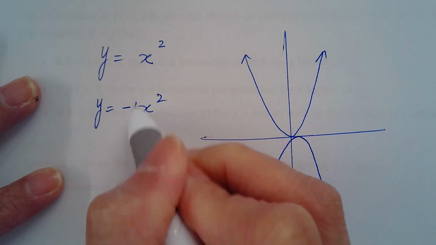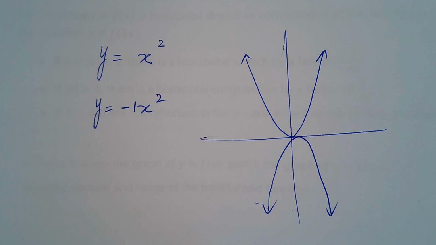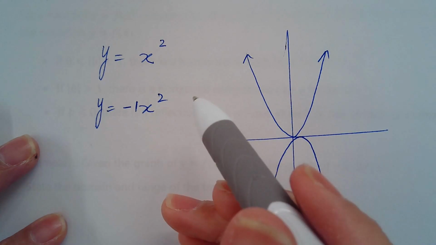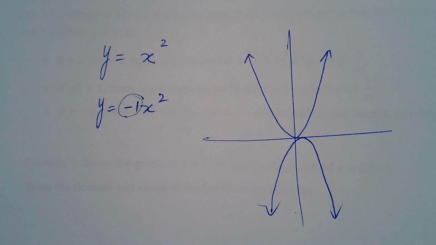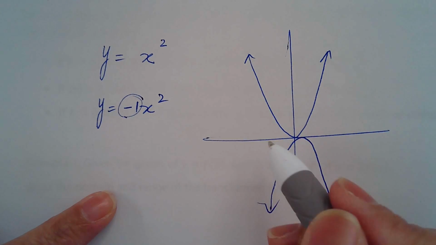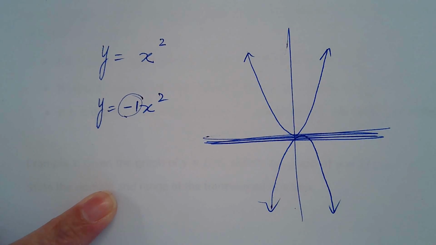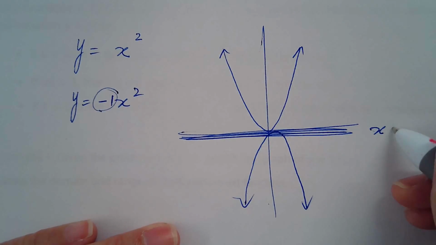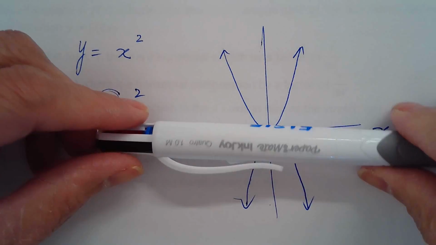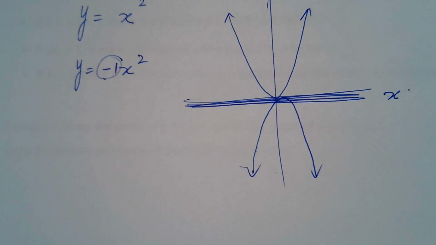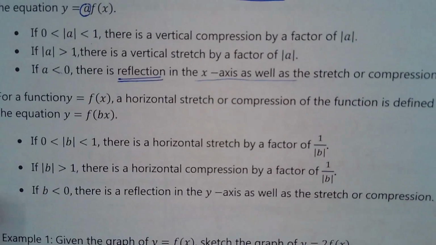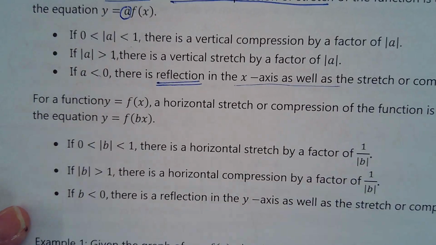Before, you didn't call it a transformation, but that negative 1 tells us it's a vertical reflection. Where's the reflection coming from? On the x-axis, right? So this is like your mirror, and then this is your reflection. Good. That's the a value.